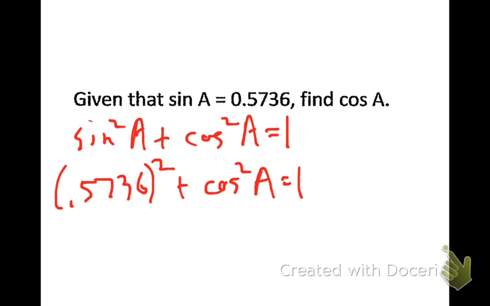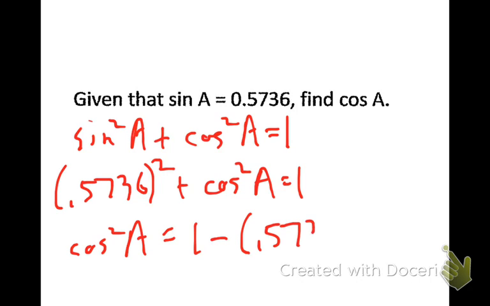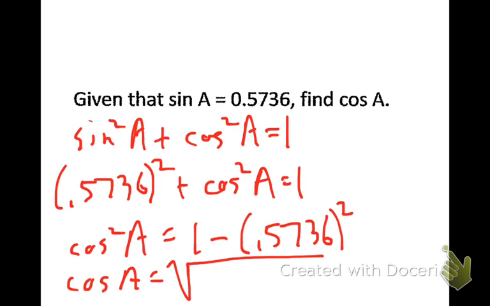So we solve for cosine squared of A. Cosine squared A is equal to 1 minus 0.5736 squared. So the cosine of A would equal the square root of 1 minus 0.5736 squared.